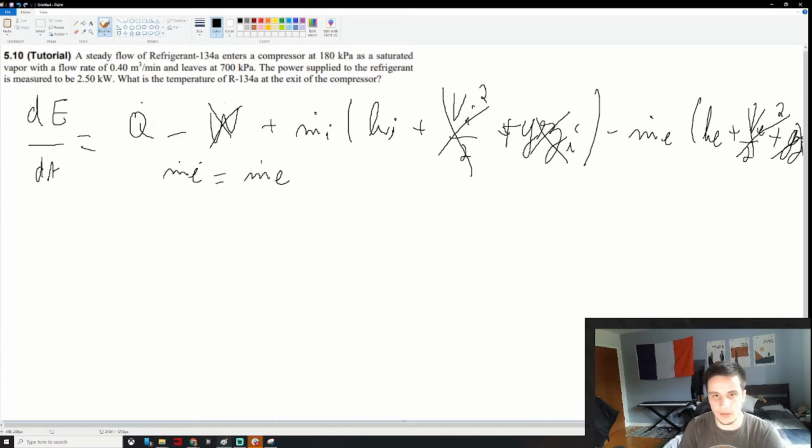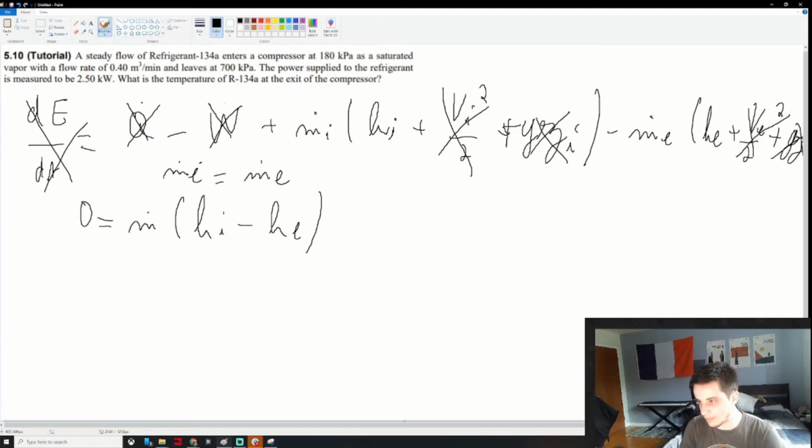Is there heat transfer? No, there's no heat transfer in this. dE/dt as per usual is equal to 0, so we're left with 0 equal to m dot times the change in specific enthalpy, so hi minus he. So it's a much simpler equation.